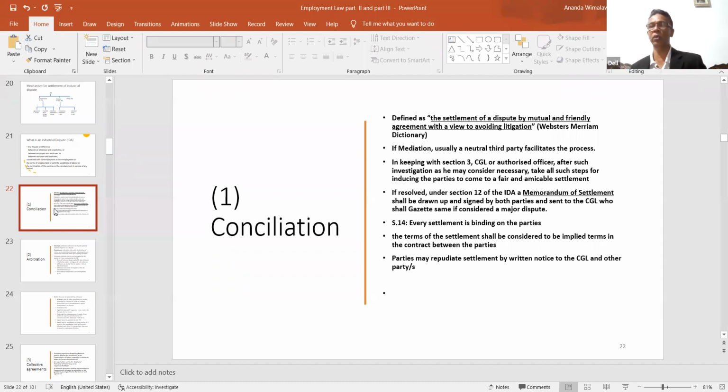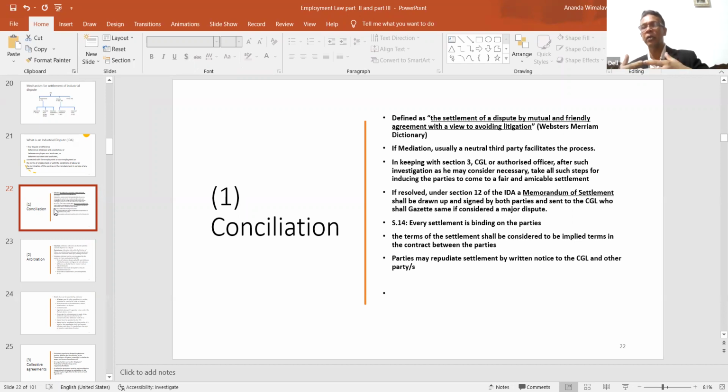So now it is my duty to refer this matter for arbitration. Would you give your consent? Would you like to refer this matter for arbitration? Ask the management or the employer and the trade union or the worker as well. If yes, okay, we agree. Sometimes jointly they can nominate any arbitrator, or otherwise the commissioner can decide.